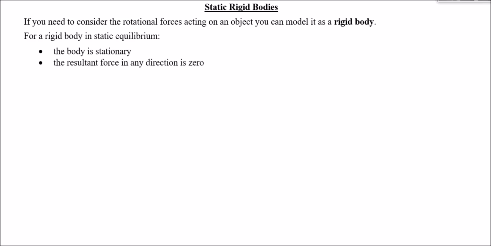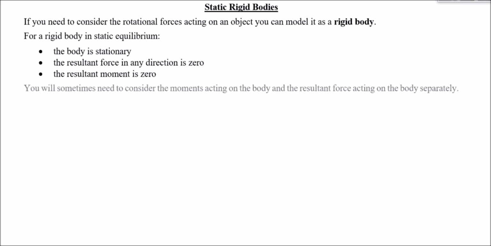The resultant force in any direction is zero. As well as that, the resultant moment will also be zero if you take the moment about any point you choose. Sometimes you need to consider the moments acting on the body and the resulting forces acting on the body separately. So it combines ideas from Chapter 4, moments, and Chapter 5, forces and friction. In some scenarios you need to consider both moments and frictional forces too.